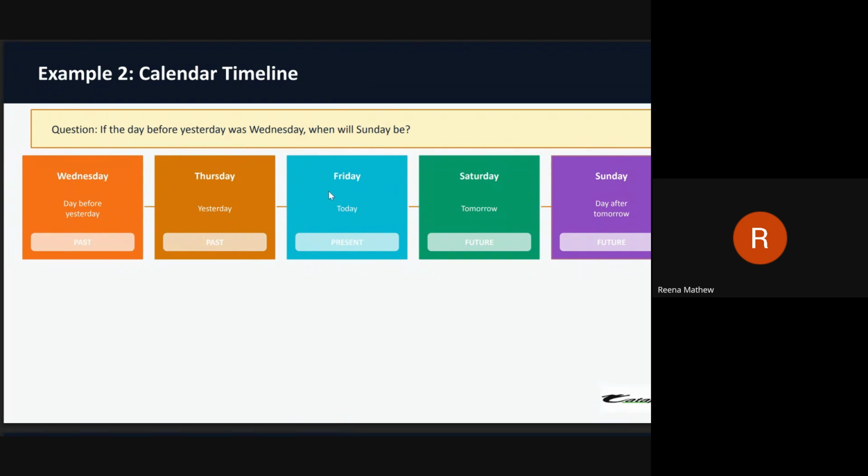This is an easy question. See, the question is this: if the day before yesterday was Wednesday, when will Sunday be? So yesterday matlab it's past tense. When will Sunday be? It is asking about a day in the future. When will, right?